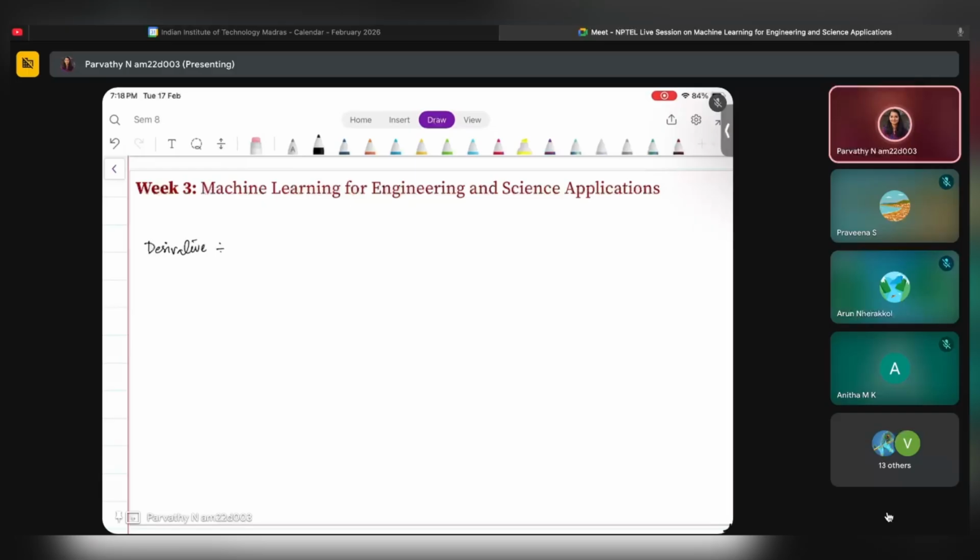It is the slope of the tangent line at a point x. I hope that is already something that we have been studying for a long time.